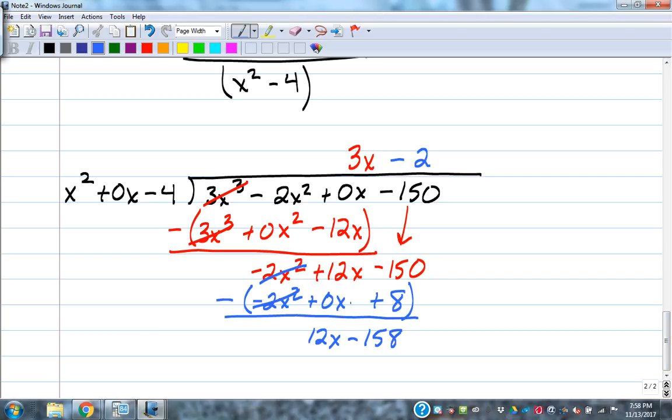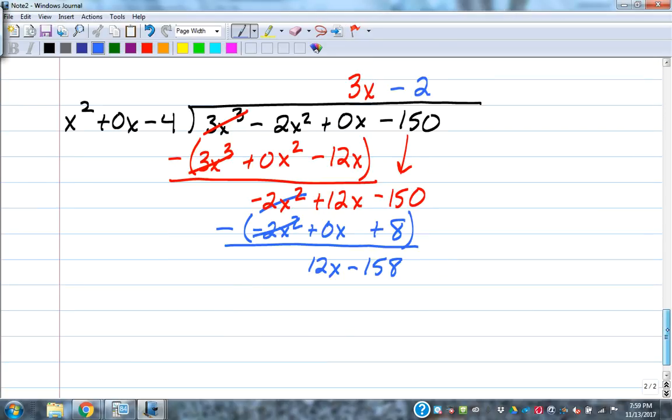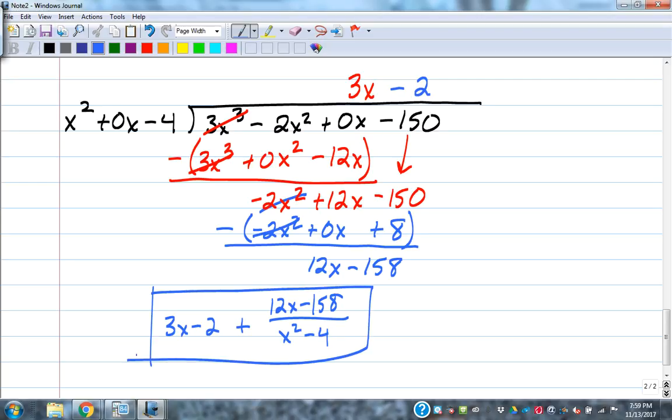We know this is the remainder. Here, 12x is smaller than x squared because x squared obviously is bigger than the plain x. So that's how we know we're done. And so we write our solution, our quotient and remainder: 3x minus 2 plus 12x minus 158 over, and we can go back to x squared minus 4 there, just to shorten it up a little bit.